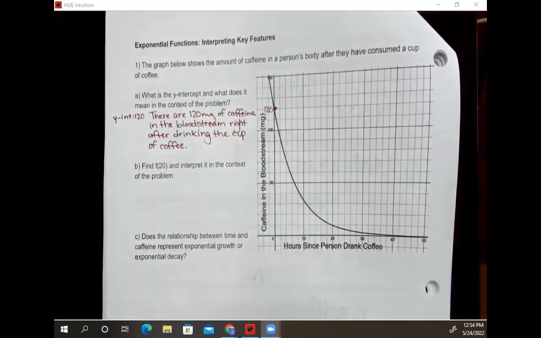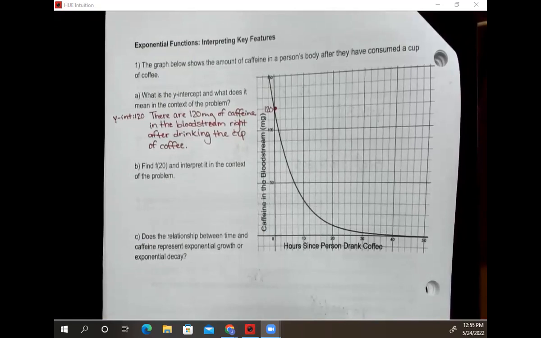I could also say that this would mean that the cup of coffee had 120 milligrams of caffeine. If I drink the cup and then I have 120 milligrams, that must mean there would have been 120 milligrams in the coffee, barring any other extenuating circumstances.